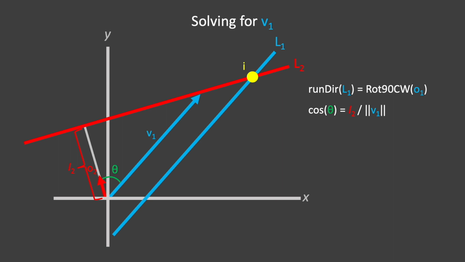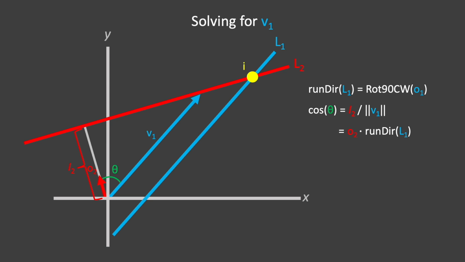So what that means is that cosine theta is also equal to O2 dot run direction of L1. Now we can use these last 2 equations here to solve for v1's magnitude. I'll let you do the algebraic manipulation, but we can pretty evidently do so.